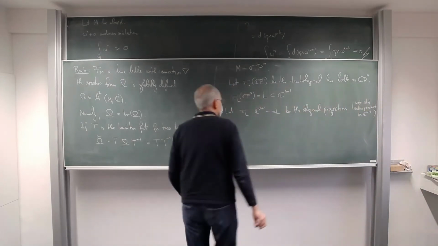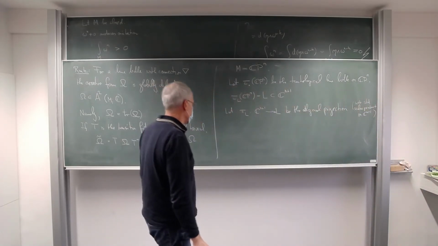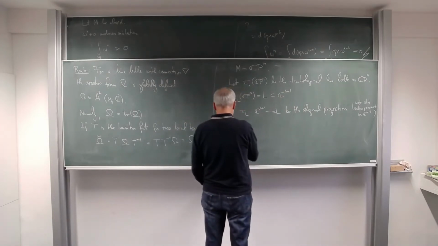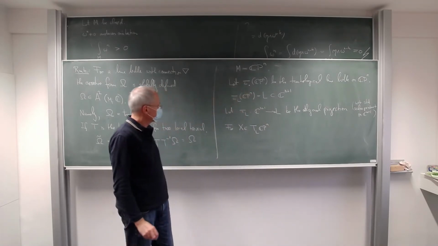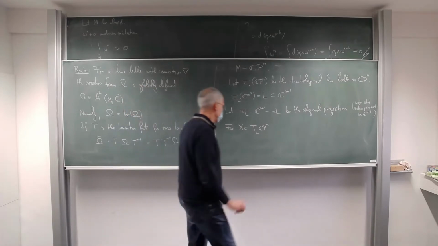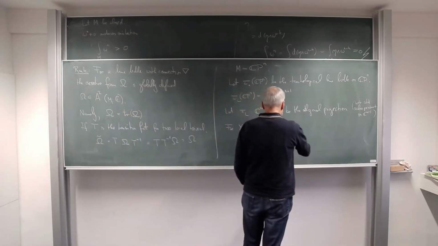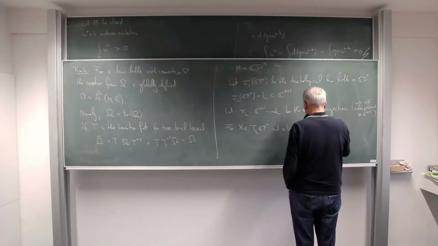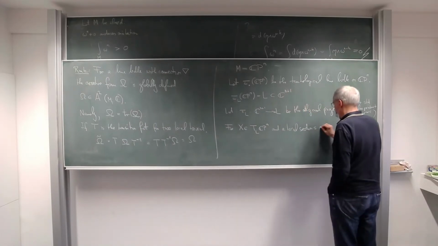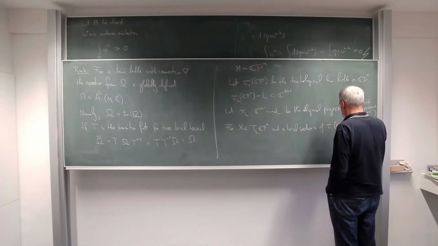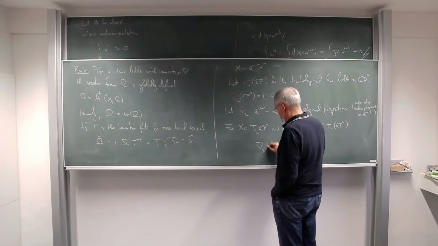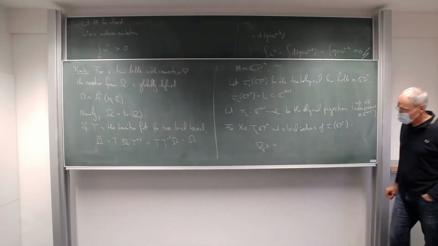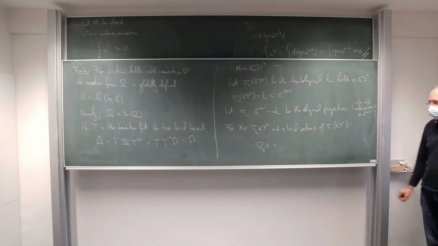Good. Alright, so now the connection is as follows. For a tangent vector x to CP^n at the point L, and a local section s of tau, what would be the result of differentiating this local section in direction x?